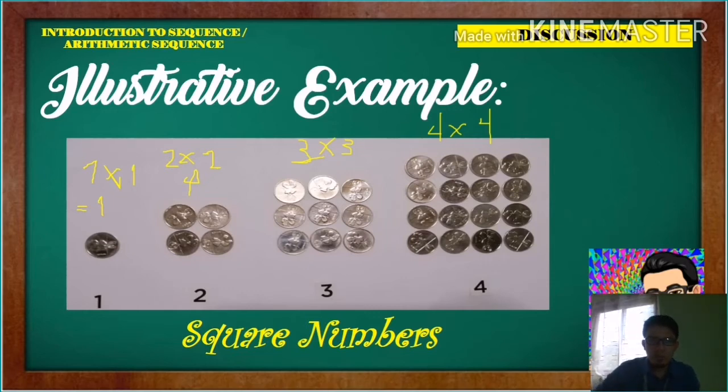So that is 2 times 2, which is 4. Next, we have 9. This is obtained by multiplying 3 to itself. So that is 3 times 3, which is 9. And then we have 4 times 4. That's why this is 16. So, squaring numbers. Next.